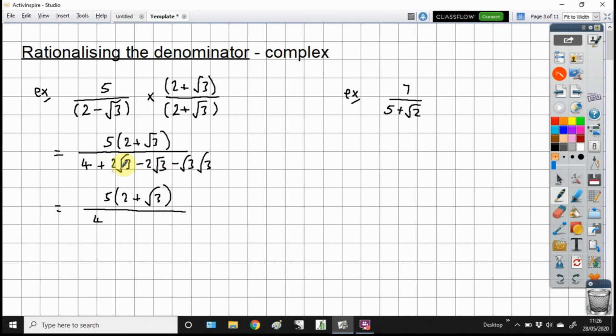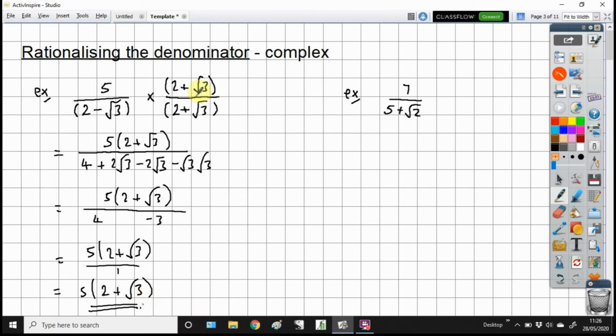Those cancel each other out to make 0 root 3, or just 0. And we've got minus 3 tagged on the end there. So we've actually got 5 bracket 2 plus root 3 all over 1, which is better written as just 5 bracket 2 plus root 3. We've rationalised the denominator. It actually worked out as 1, so we don't even need to show the denominator.